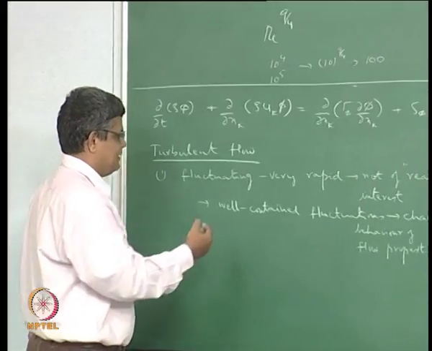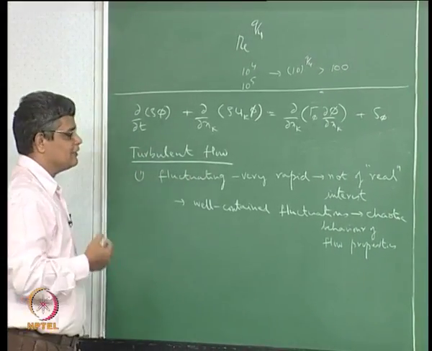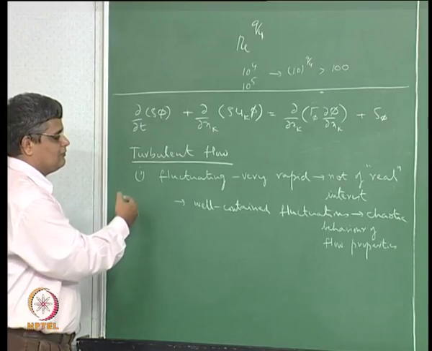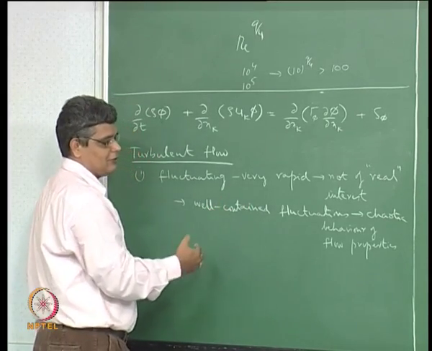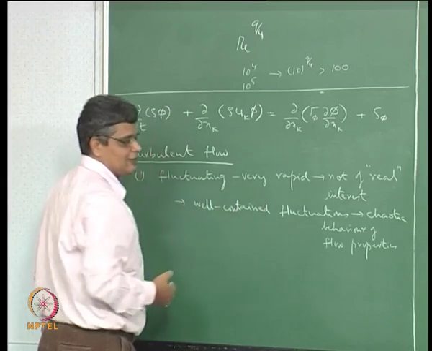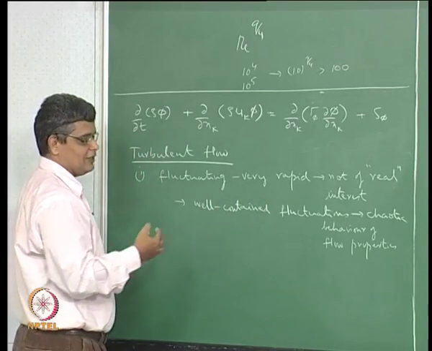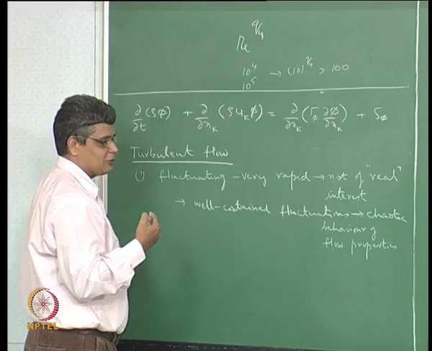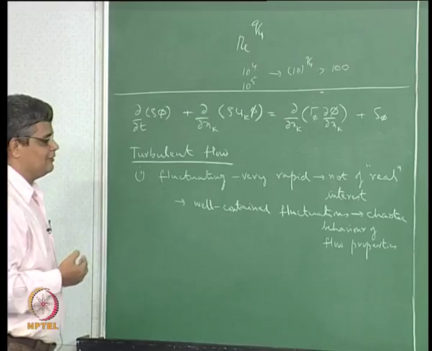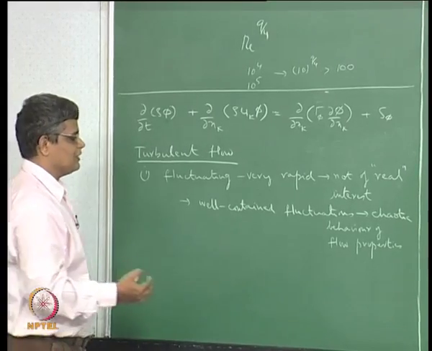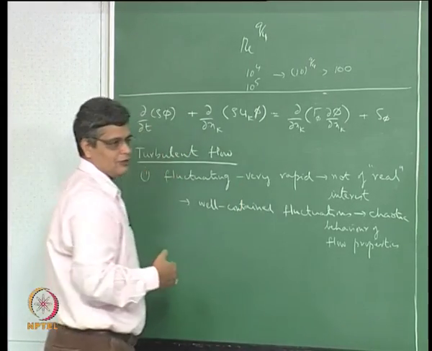So there is the inherent feature of turbulent flow, it is very rapid fluctuations which are not of real world interest, but which throw in a bit of chaotic nature of the flow properties, but on the whole they are well contained fluctuations.